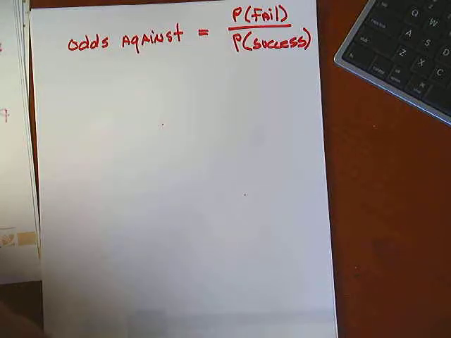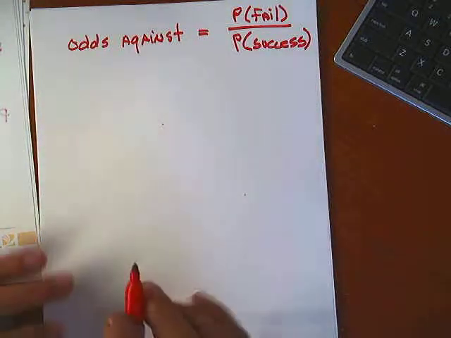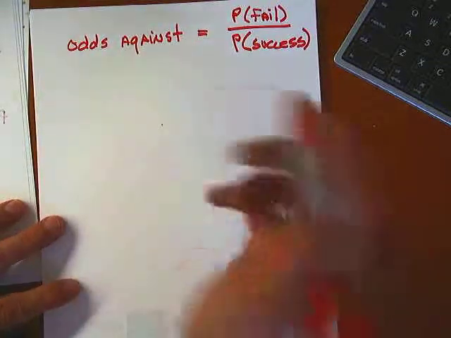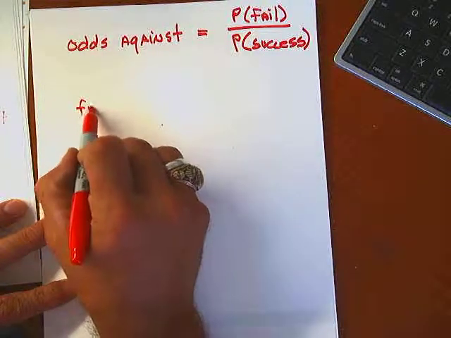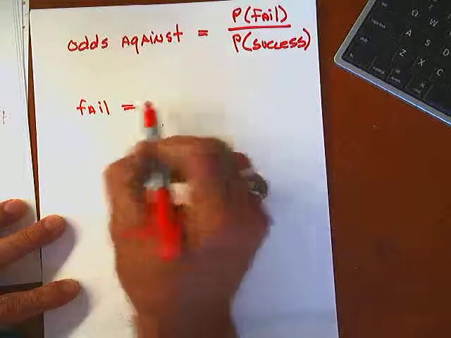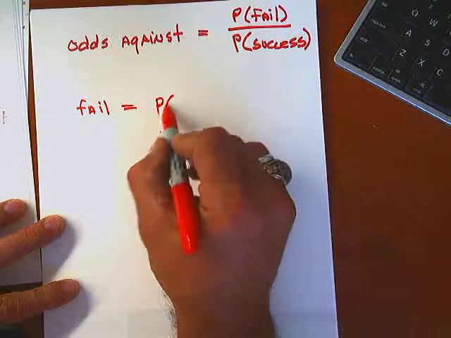Success and failure is dependent upon the question. If you have a question, let's say, what is the probability of rolling a 6 on a die? Rolling a 6 on a die would be success, and not rolling a 6 on a die would be failure.